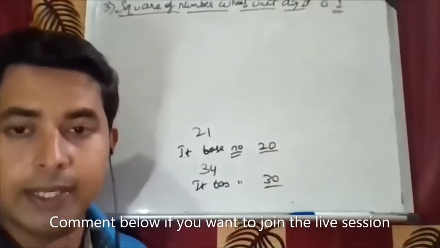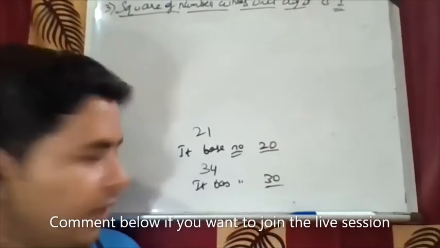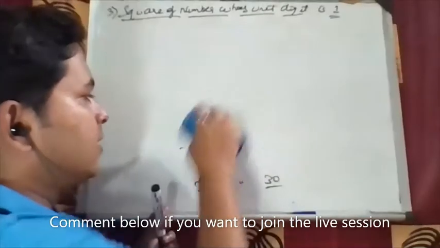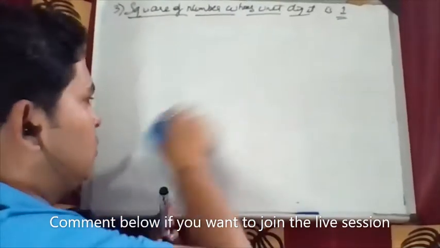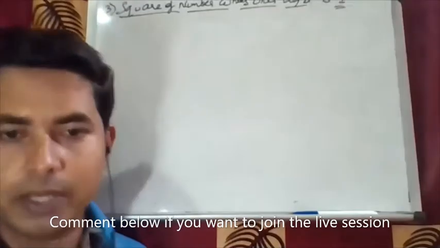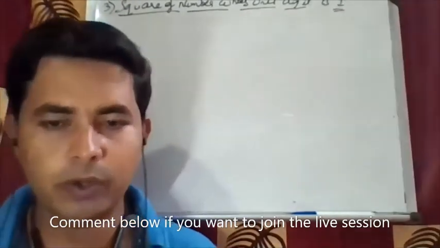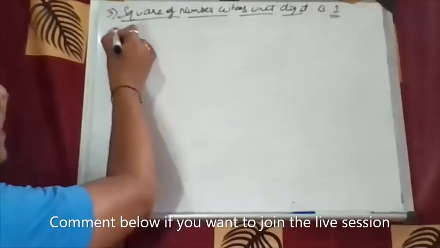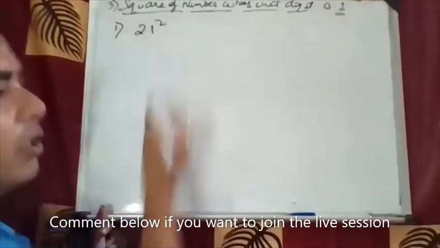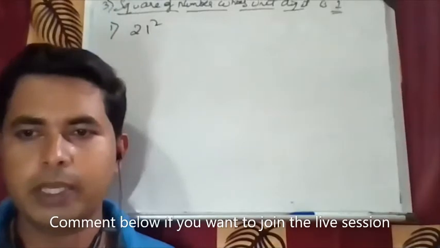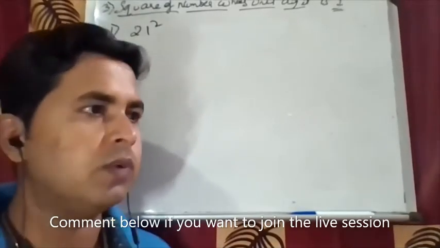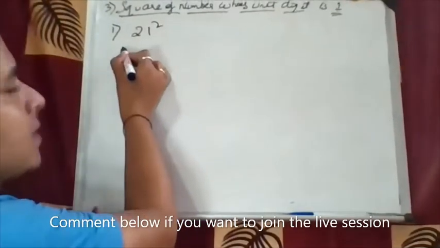We are taking the nearest number, and sometimes we call it the base number. We use this concept to find the square. Here I'll tell a method. Suppose for example, you want to find 21 square. So what you have to do is take a base number.